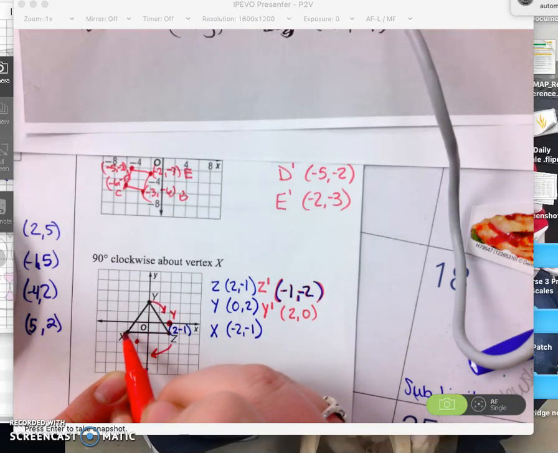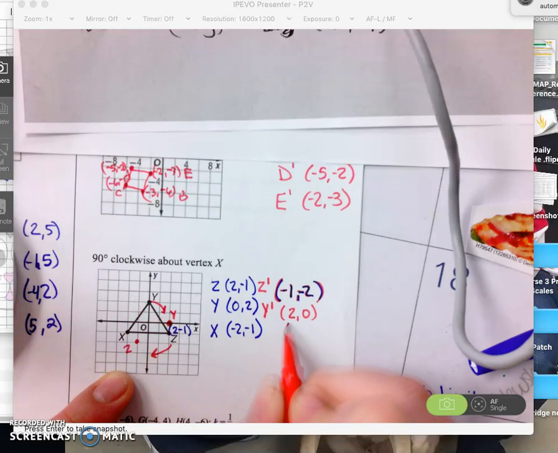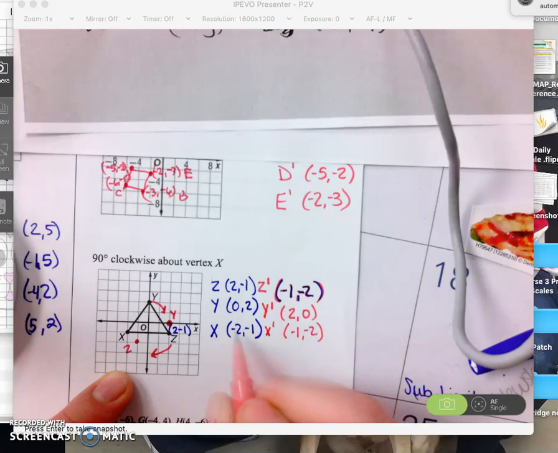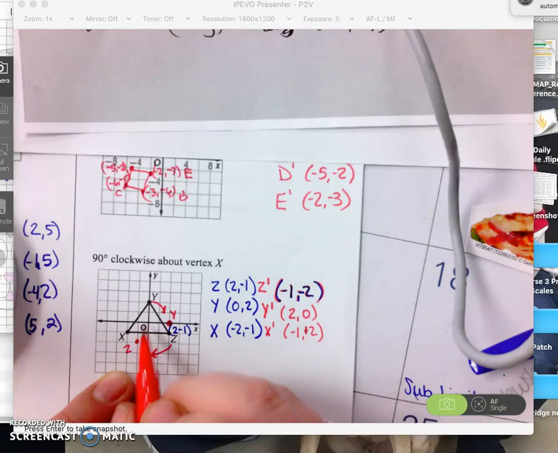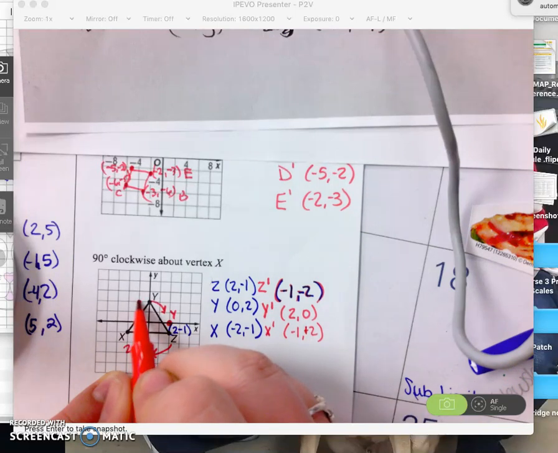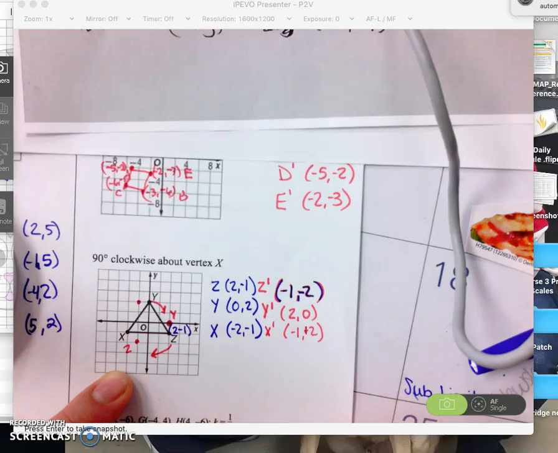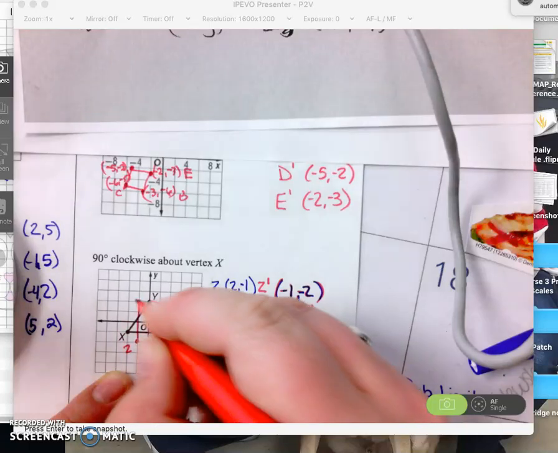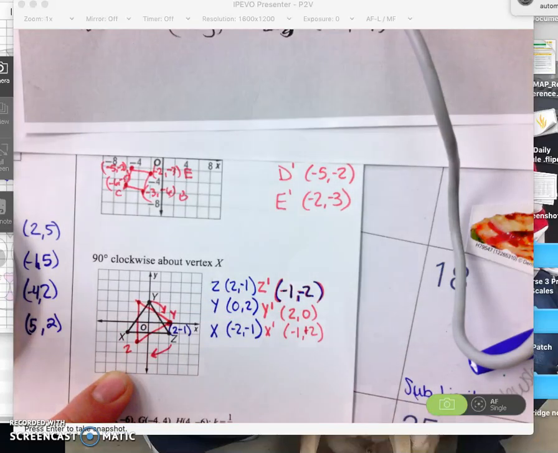And then this one should be up in here somewhere. So X prime, we're flipping the -1, the -2, and then this x becomes the opposite. So -1 and up to 2. Now, I have my new shapes.